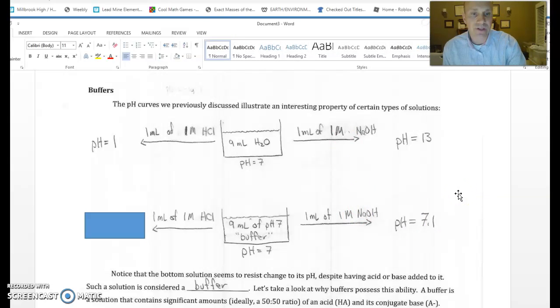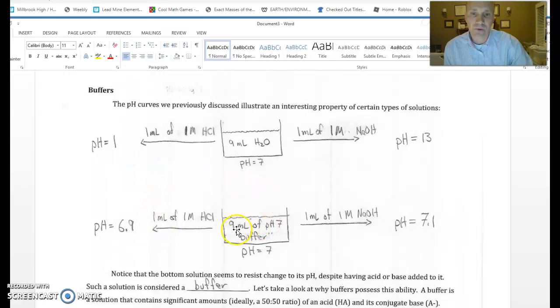And notice what happens here to the pH. When this is pure water, you get a huge change in the pH. But when it's a buffered solution, you only get a very, very tiny change in the pH. In fact, it barely changes at all. On the other side of things, if we add the 1 molar HCl, we would get only a very small drop in the pH.